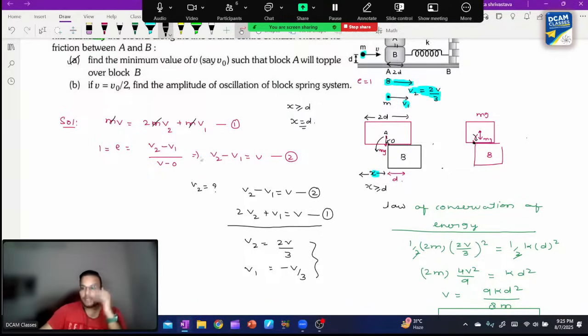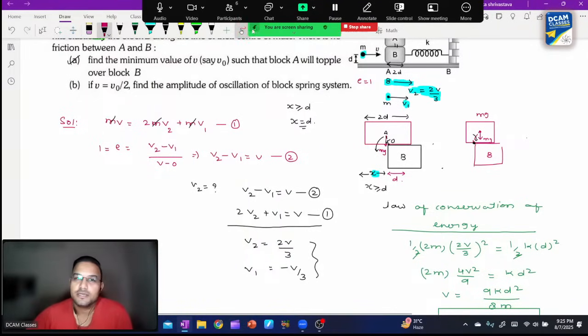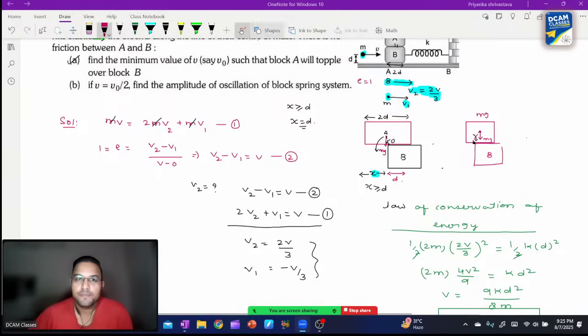Second thing. See, here one more thing is there. Any one of you could have asked me, sir, why you are taking velocity 0 here? In this situation, when it has moved by a distance d, why you are taking the velocity v as 0 here?